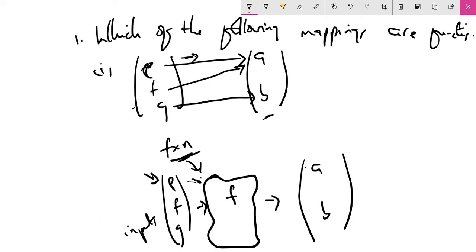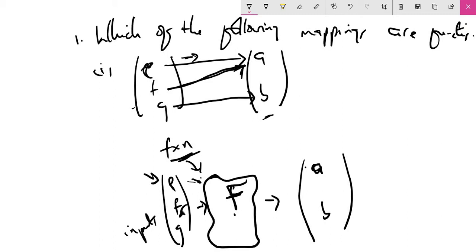Alright, it goes straight to A. Similarly, whenever you put in F, well, let me make this capital F so we can distinguish from this. When small f goes in it, A comes out. So the output of small f is A. So that's how come we have that.